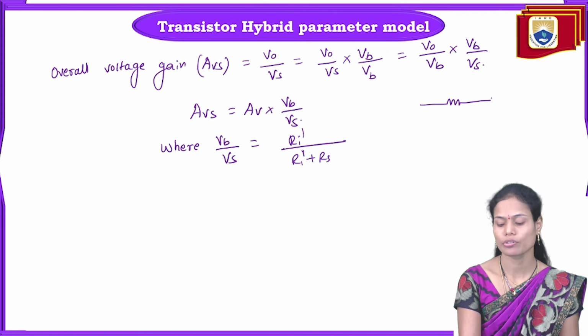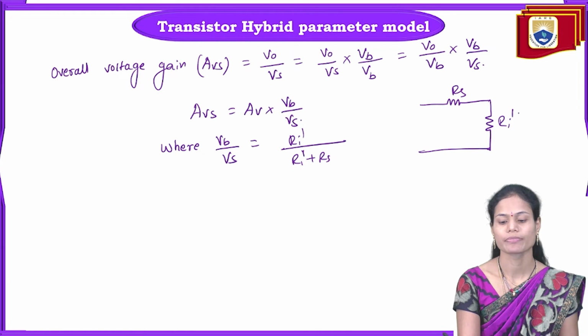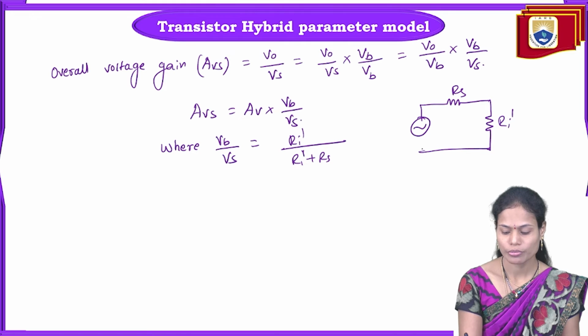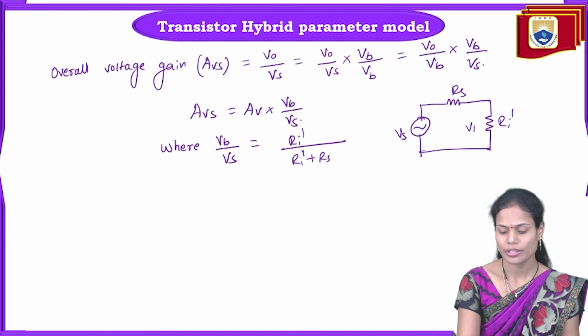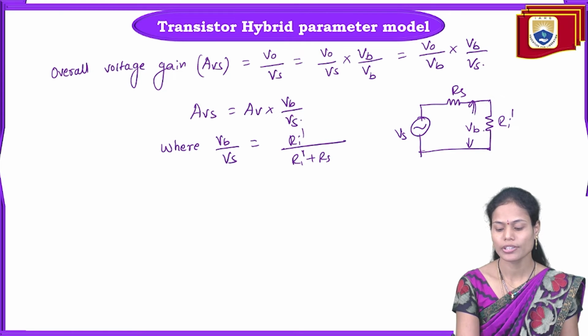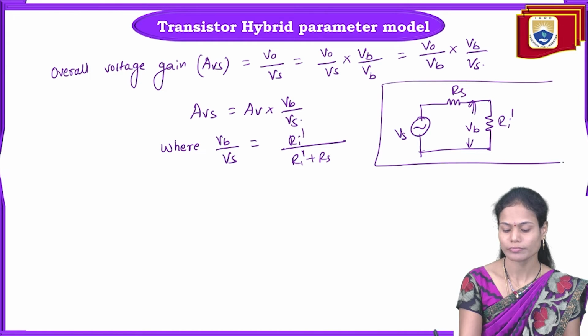How are we writing this? From the input side of the circuit, we have the source resistance as well as the overall impedance Ri dash, connected to the source voltage Vs. Here VB is the voltage across Ri dash. If we write the VB voltage, we get Vs into Ri dash by Rs plus Ri dash, by using the voltage division rule.